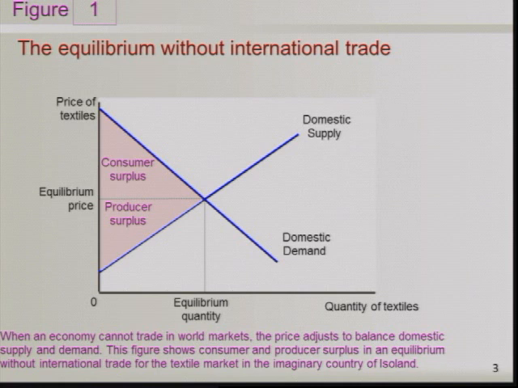So we're going to start with this again, but this is for a market without trading yet. Without trading yet. So like when I gave you your cup and you hadn't done anything. And as y'all know, consumer surplus is the area below demand above price. Producer surplus is the area below price and above supply.